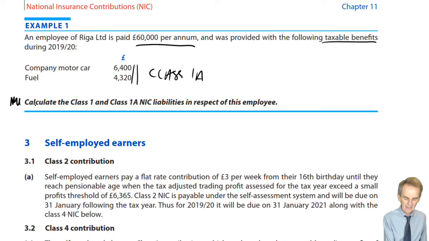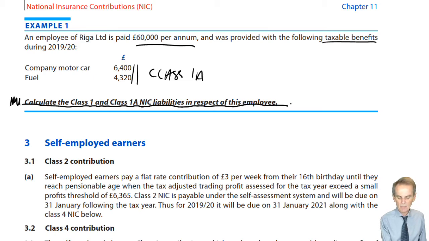So what have we got here? Calculate the Class 1 and Class 1A NIC liabilities in respect of this employee. In respect of the employee. So they're not asking you to calculate just the Class 1 employee NICs, but all of the Class 1 and 1A NICs in respect of this employee. I.e., you've got to do everything.